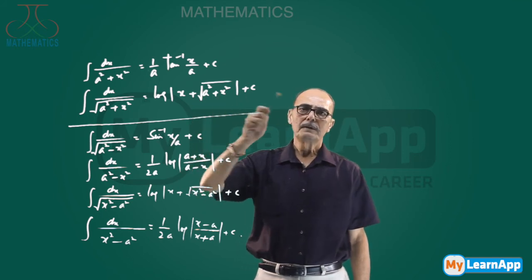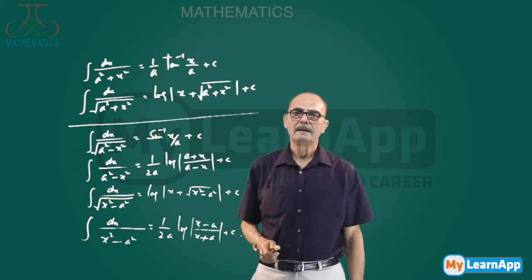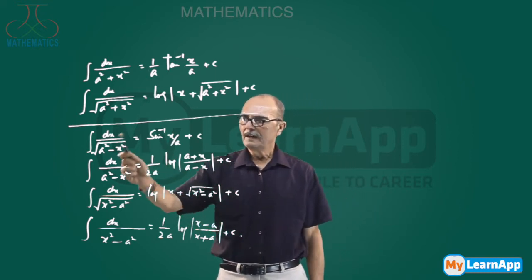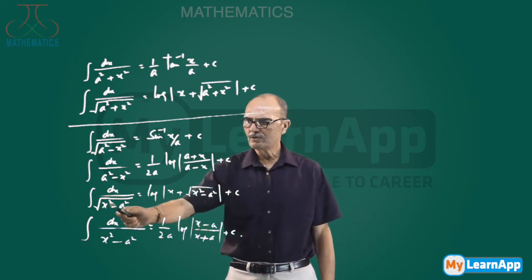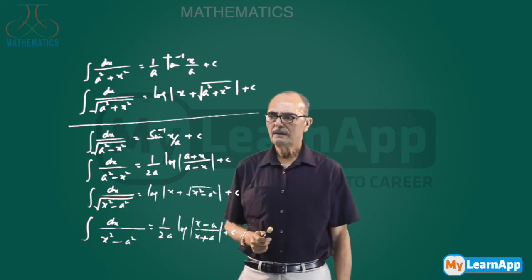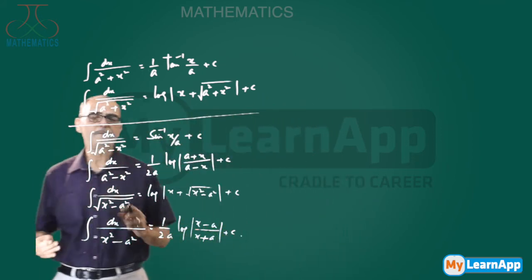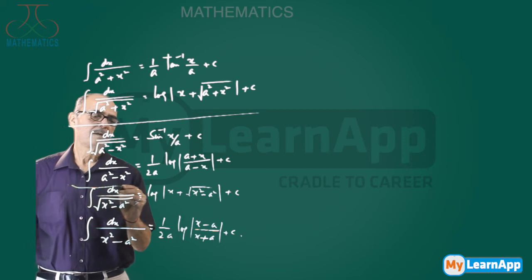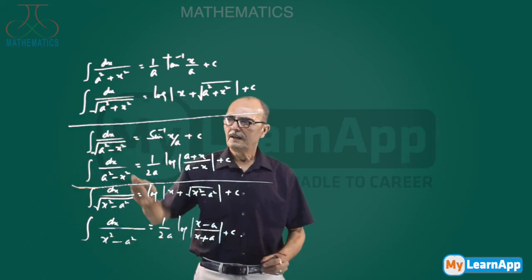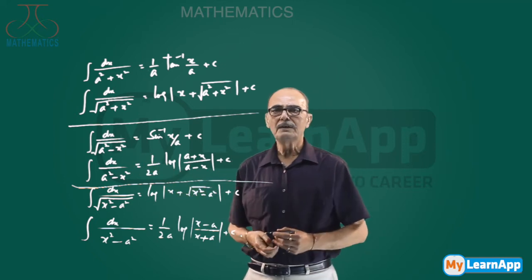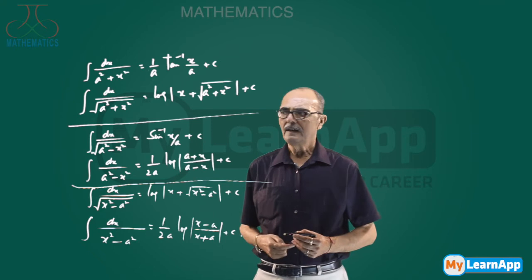Coming to the other part, where either we have a square minus x square or we have x square minus a square. Now you can further subdivide it like this. If it is a square minus x square under the root, it is sin inverse x upon a plus c.